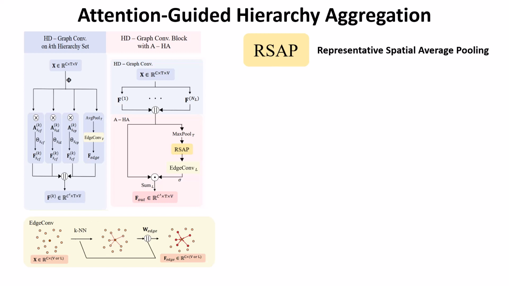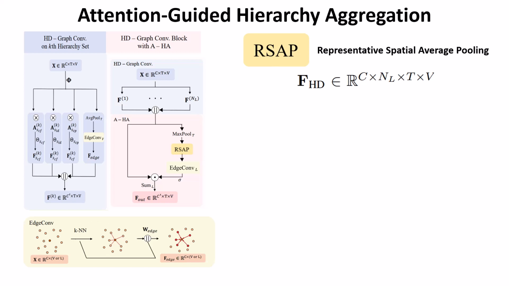And when we look at what it does, initially we have this tensor. So instead of taking the sum, if we concatenate, we have C times NL, NL because of doing this concatenation, and then T and V again.